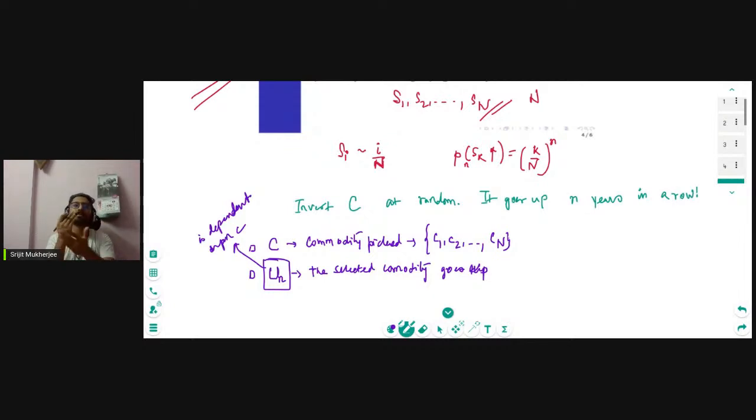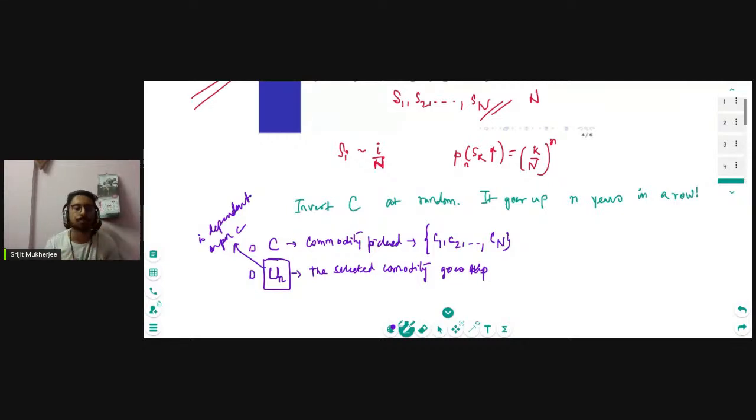The commodities C1, C2, ..., Cn are there, right? So the probability of going up depends upon the commodity Ci, the random variable C. So this is the point at which you must understand you have to condition on C, otherwise you cannot really do it. That's the first step to understand problems related to conditional probability.